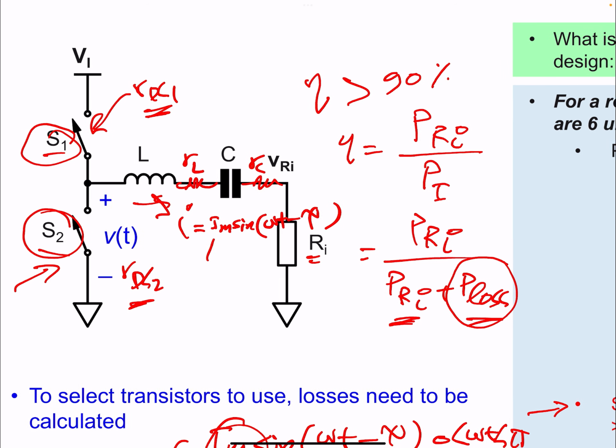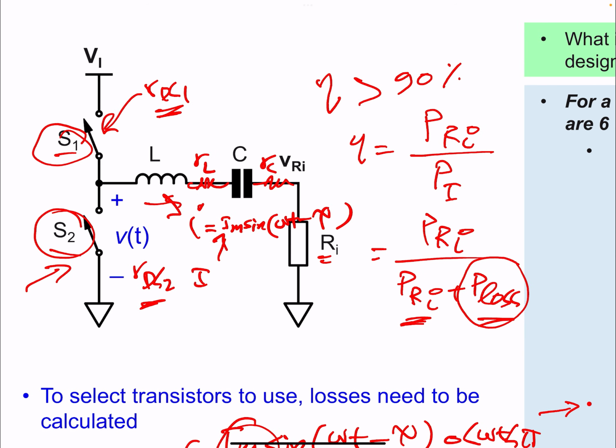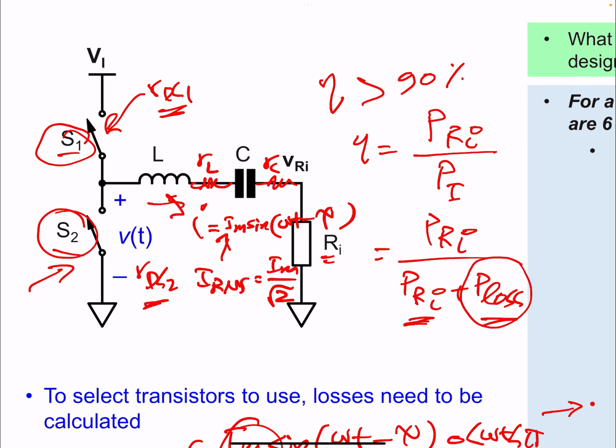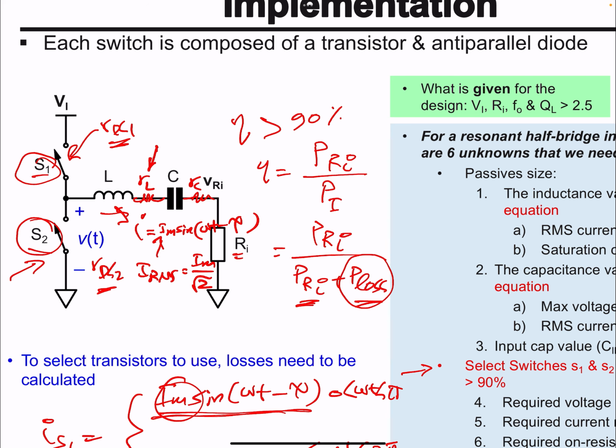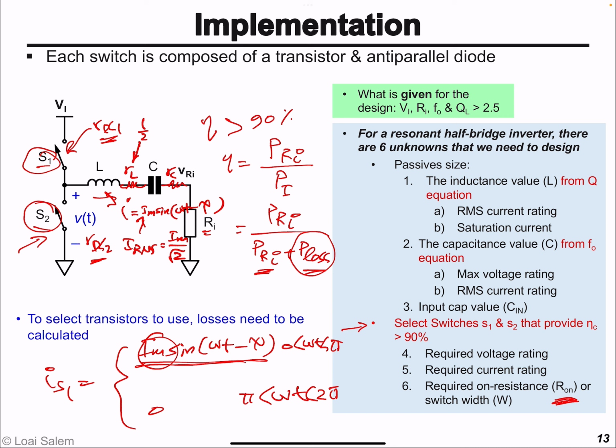And so the RMS value of this sinusoidal current will be just the amplitude Im over square root 2. And so the power loss that will happen in RL will be 1 over 2 Im square RL. And similarly, the power loss that will happen in RC will be 1 over 2 Im square RC.